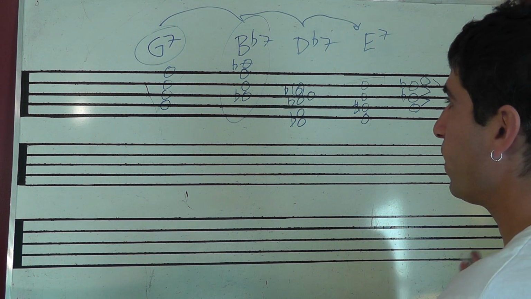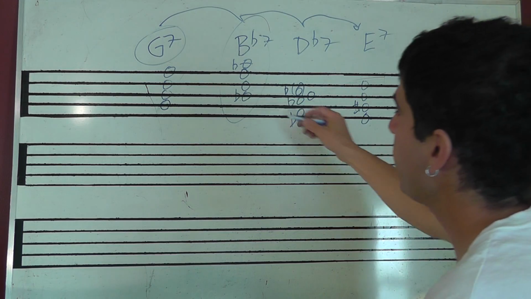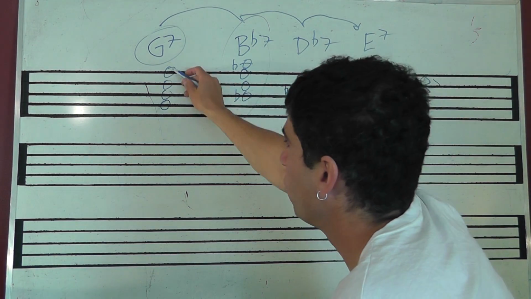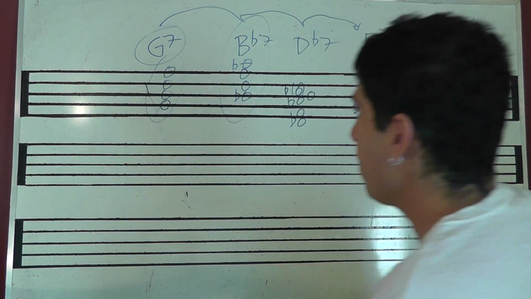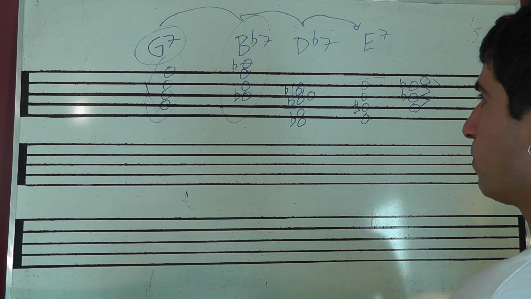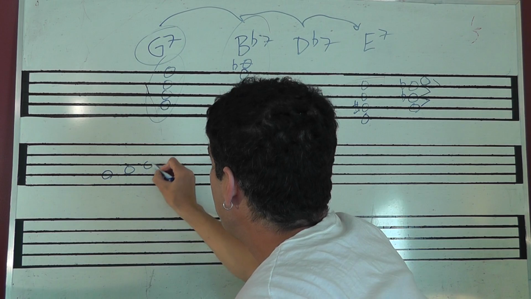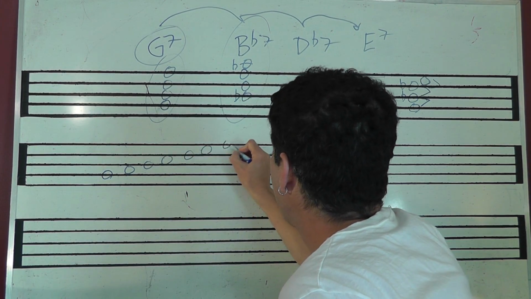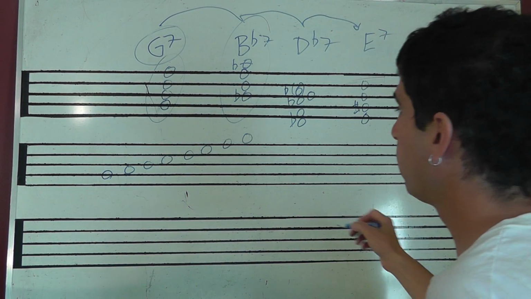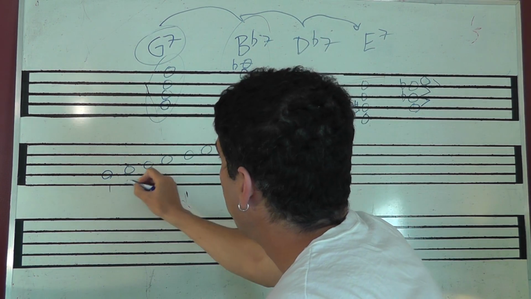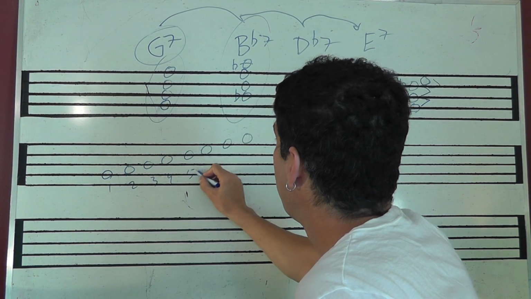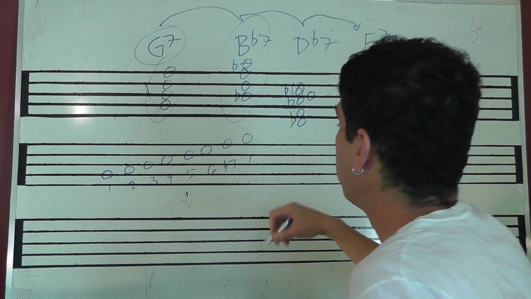And what is that? Well, if you take these notes and you're relating these notes to a G dominant 7, let's write out this scale. So we've got G, A, B, C, D, E, F, and G. Okay? 1, 2, 3, 4, 5, 6, flat 7, and 1, or 8.